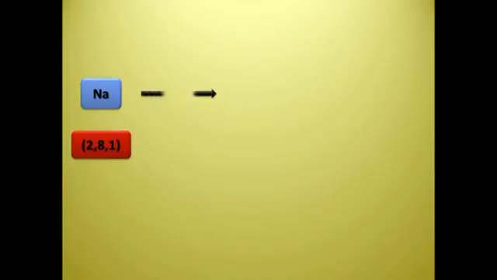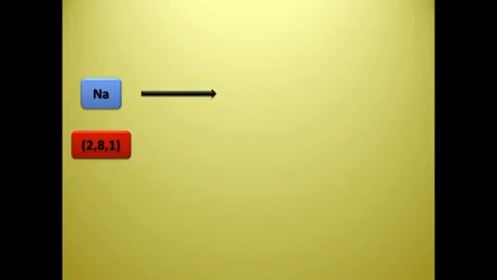First of all, this one is a sodium atom. The atomic number of sodium is 11. Therefore, the electron configuration is 2, 8, 1. Its outermost energy level has only one electron. To complete the energy level, it has a tendency to lose one electron.